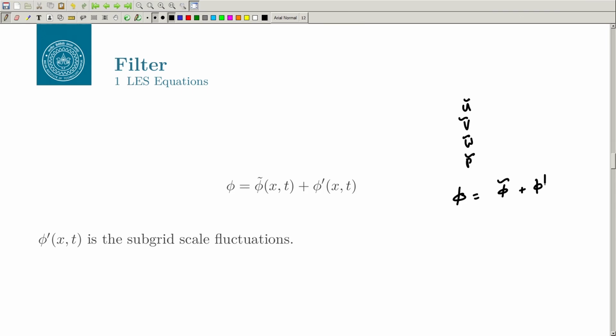I want to differentiate here: this phi prime is not like what we had in the RANS simulation. In RANS simulation, phi prime consisted of all the turbulent fluctuations. In the case of LES, it is only the subgrid scale.